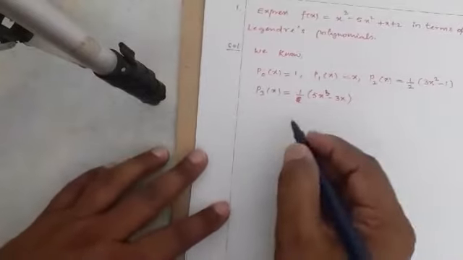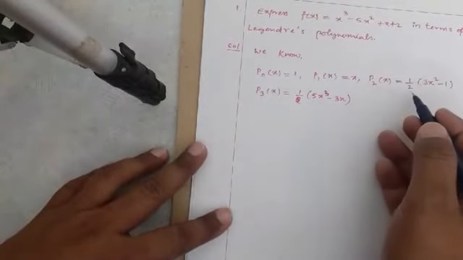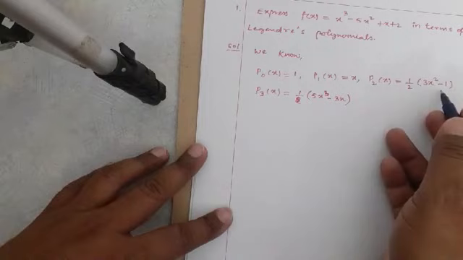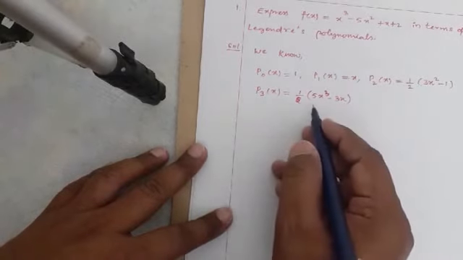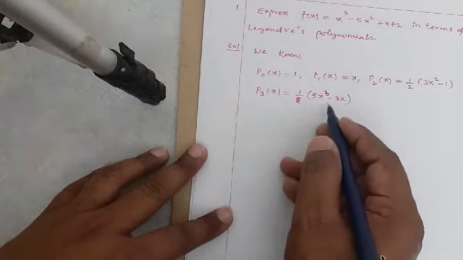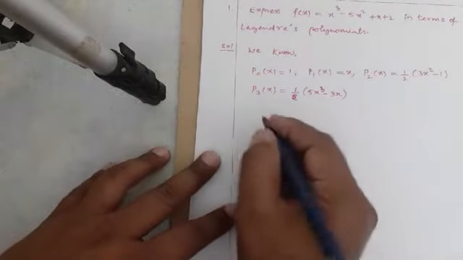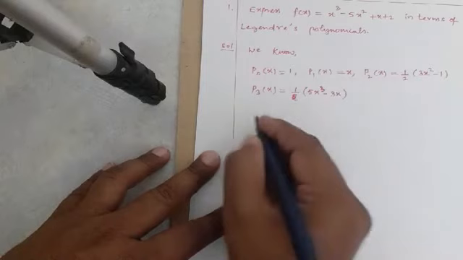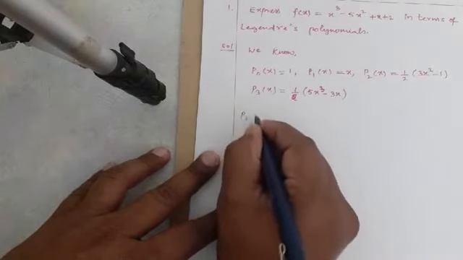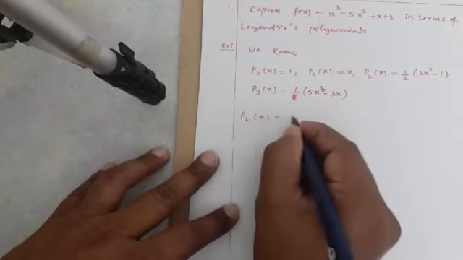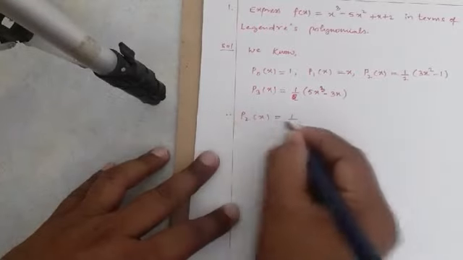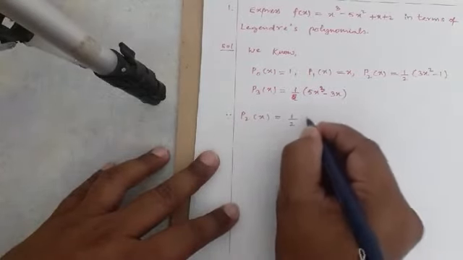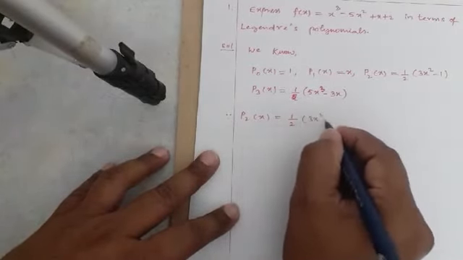So here P0 of x and P1 of x are the same. P2 of x can be changed: since P2 of x is equal to 1 upon 2 into 3x square minus 1.